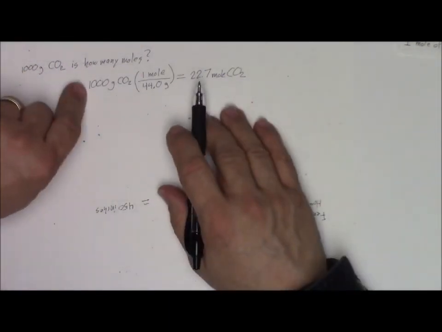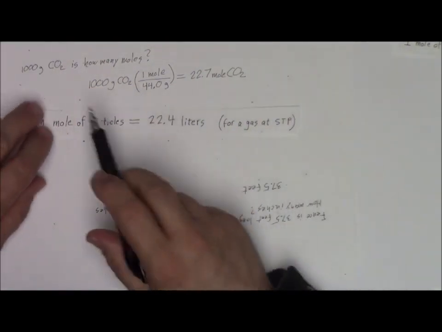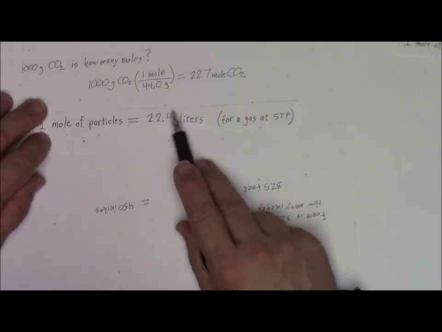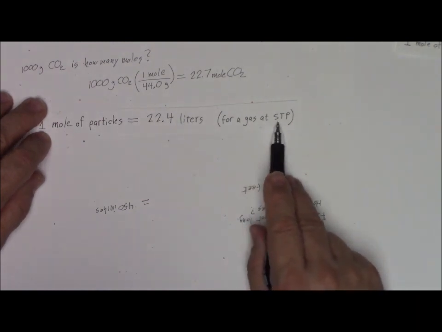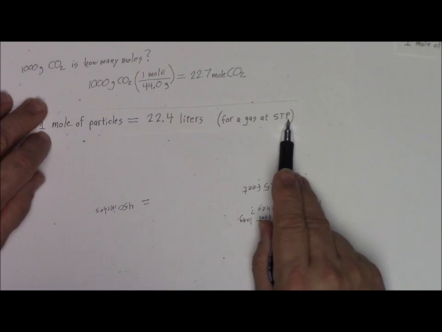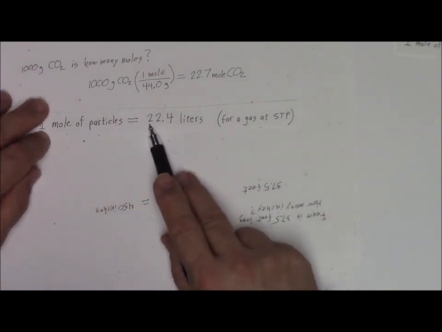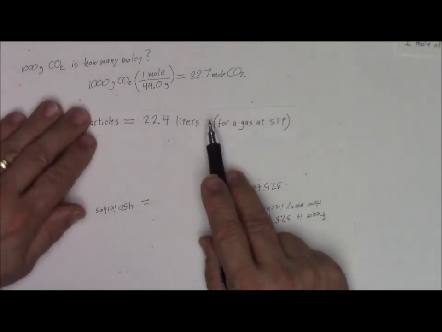Interesting. Now let's do another kind of problem, because we know that 1 mole of particles, if those particles were gas particles at standard temperature and pressure, which is 0 degrees Celsius and 1 atmosphere, would occupy a volume of 22.4 liters. We can make a conversion factor out of that fact.